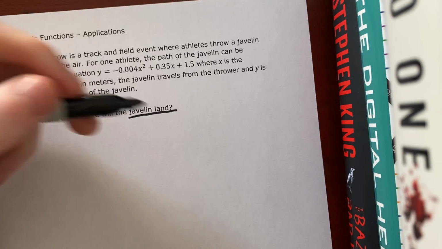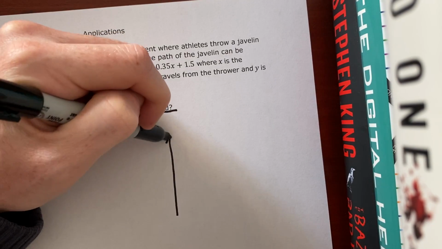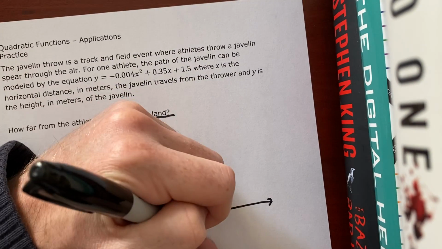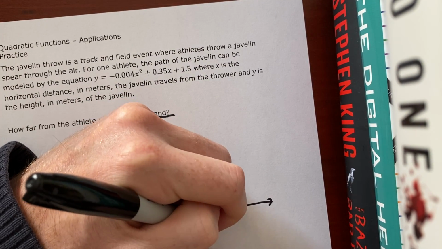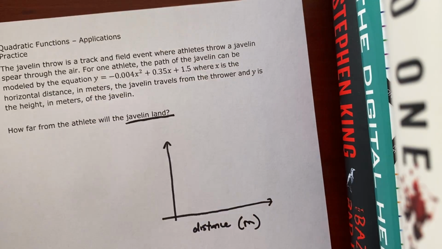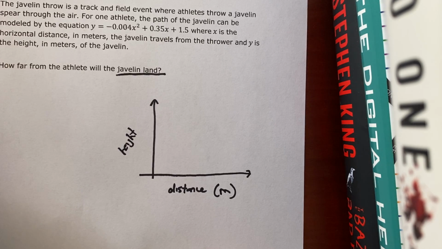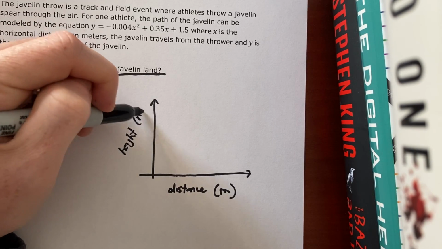All right, so let's draw a picture. Always like to draw a picture to make sure I know what I'm solving. All right, so this is distance that he's throwing it, and it's in meters. And then this is height, which is also in meters.